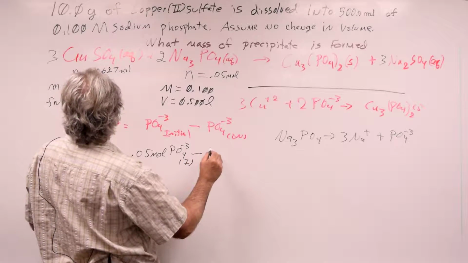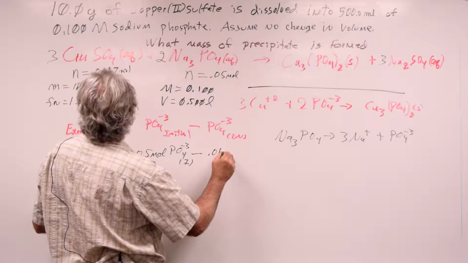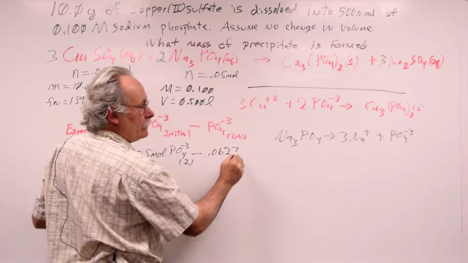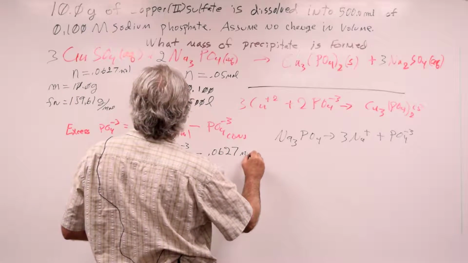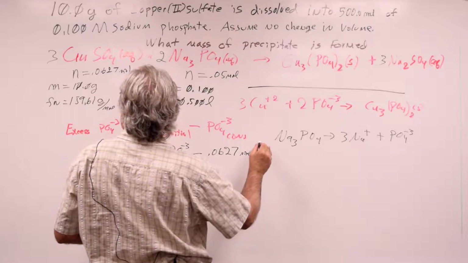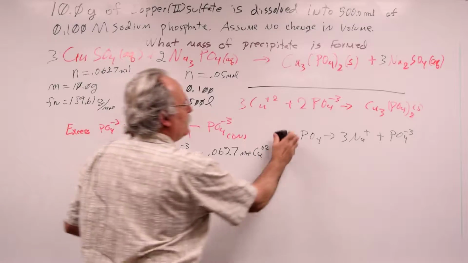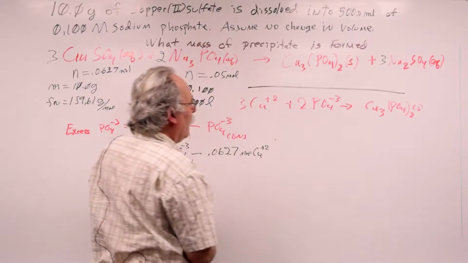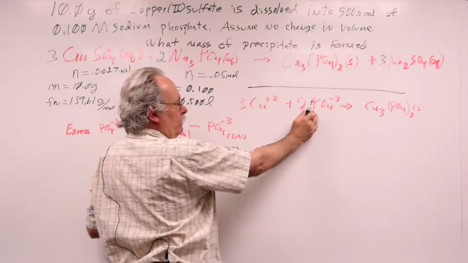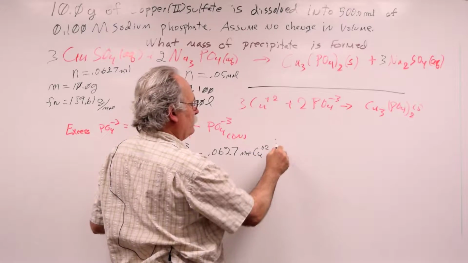Minus 0.0627 moles Cu+2. Now I come over to my equation, okay, and for every 3 moles Cu+2, I make 2 moles phosphate.